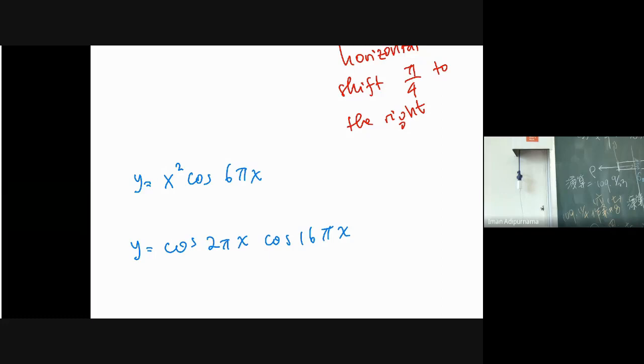Cos 6 pi x. I don't know what's wrong with yours. Maybe it's because I use this mouse, maybe try GeoGebra. Yeah, I think GeoGebra. Because I'm using GeoGebra to draw the graph. Should be okay. The functions.